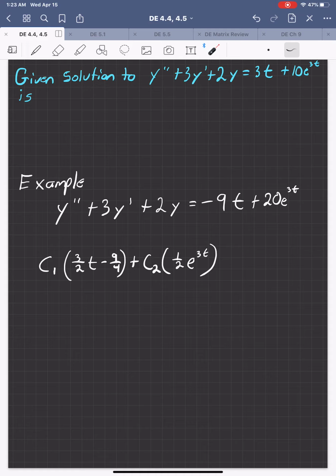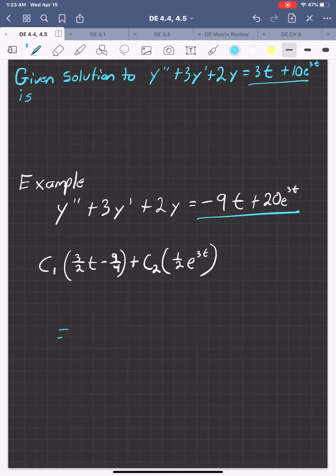Let's take a look at the right-hand side of the equations here.